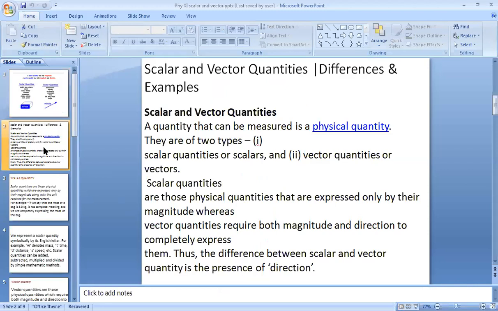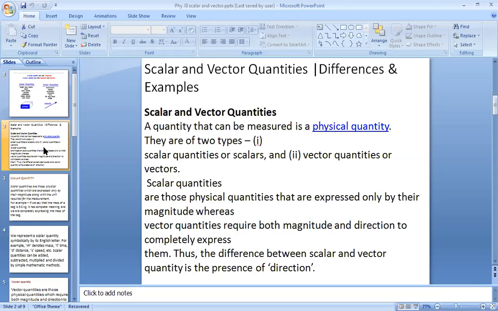Scalar and vector, the differences and examples, in this slide you can read that, or you can see that a quantity that can be measured is a physical quantity. That's why there are several quantities.